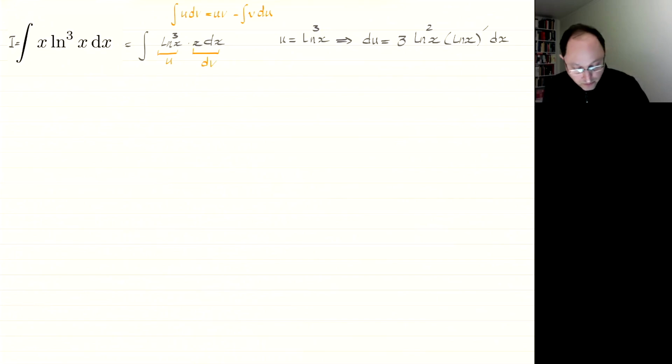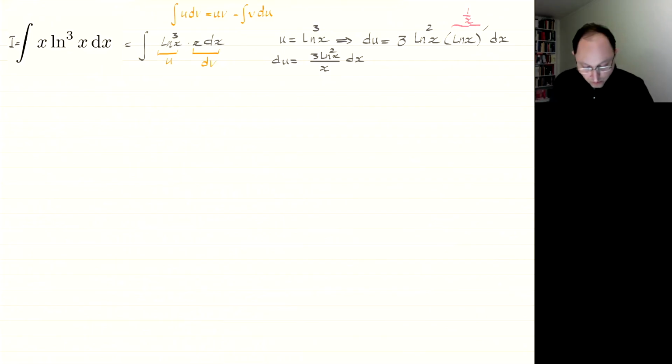And now, hopefully you know that the derivative of ln of x is nothing except 1 over x. So if I write this in a compact way, finally my du becomes 3 ln of x to the power 2, everything divided by x, and then I have a dx in front.